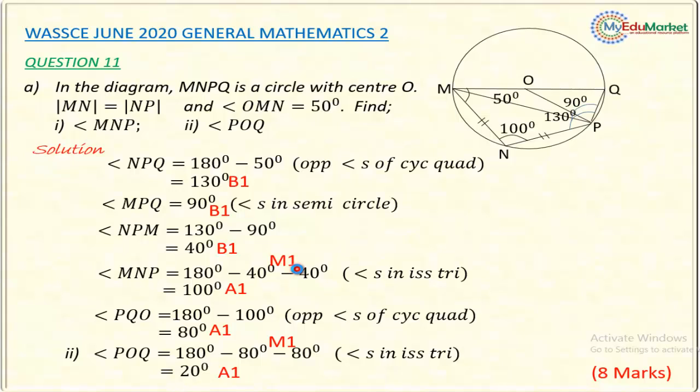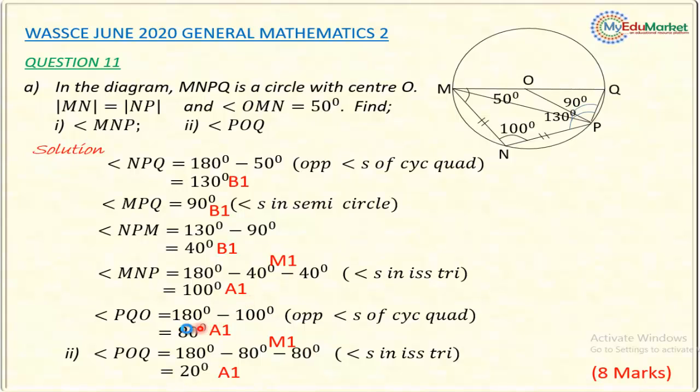The next mark is for getting angle MNP, the one asked to find in Roman 1, where we use sum of angles in a triangle by subtracting two 40s, using the isosceles triangle. Doing that subtraction, you have one method mark. And for getting the final answer accurately as 100 degrees, you have the A1 mark, the accuracy mark.